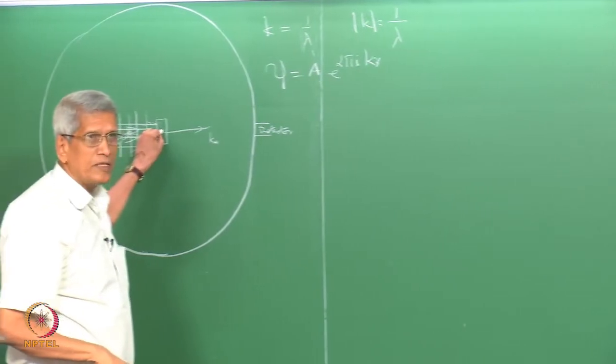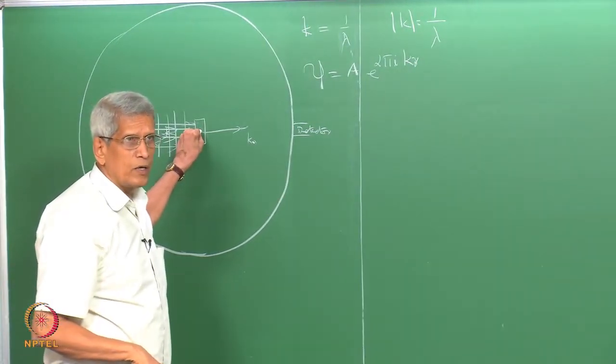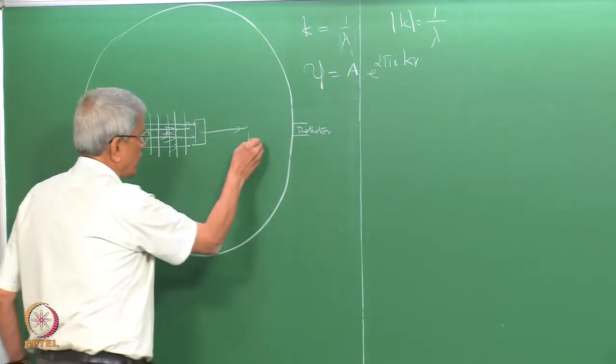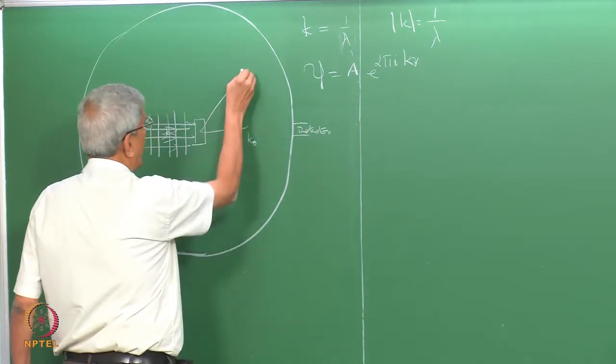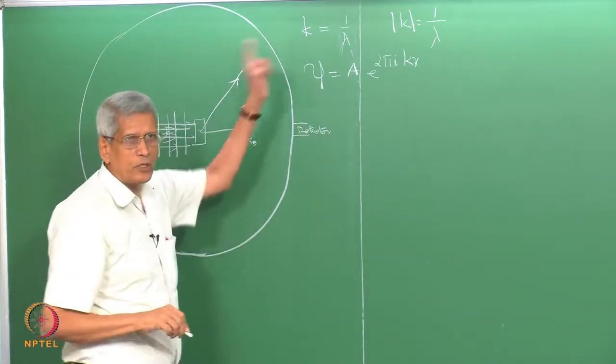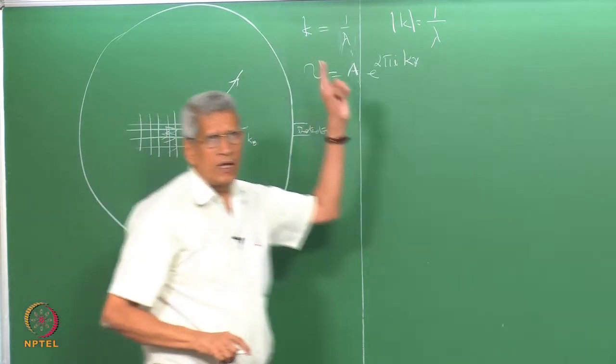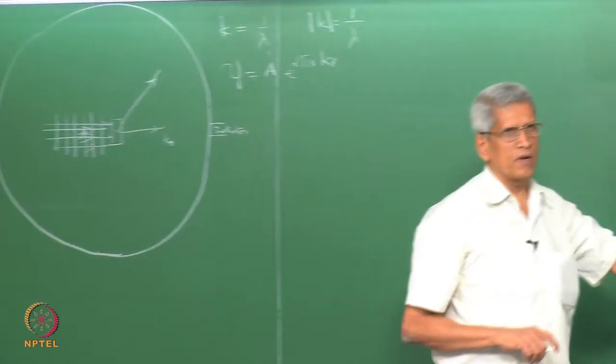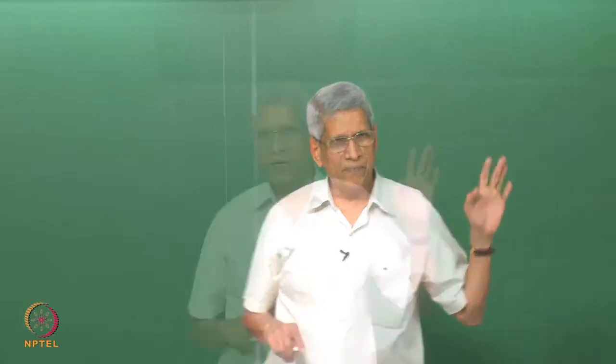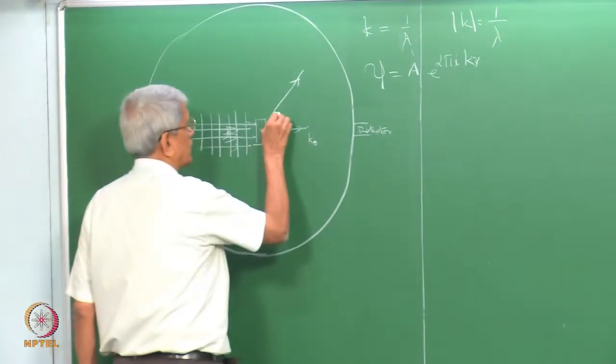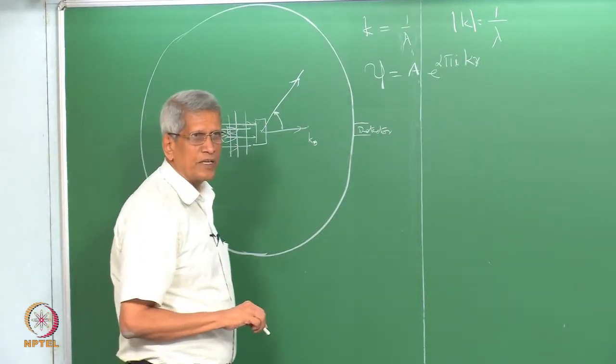So, how will you represent this in a vectorial form? Once you fix a coordinate system and assume this to be k0, all other vectors, since the magnitude remains the same, the end of the vector is going to lie on this sphere, and we can represent it with respect to the angle which it subtends with respect to k0.